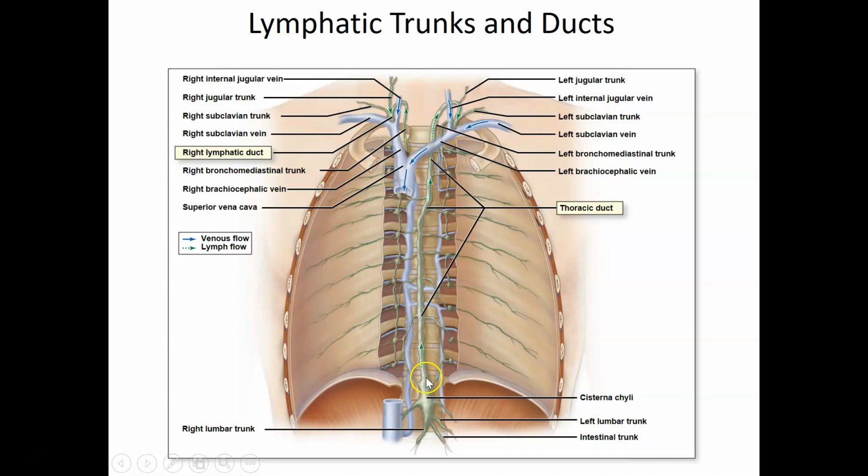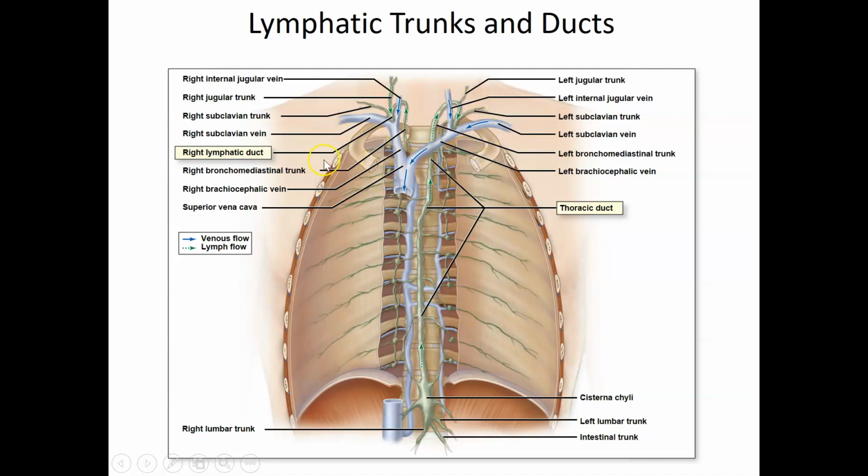Thoracic duct is going to run up alongside basically the back body wall, and the thoracic duct is going to connect eventually into the other trunks, jugular trunk, bronchomediastinal trunk, and subclavian trunks on the left side.